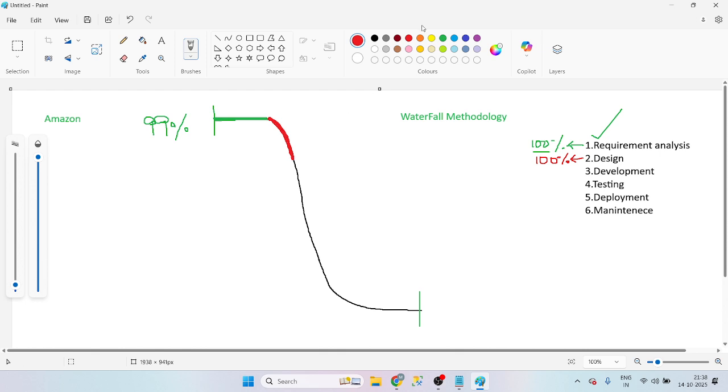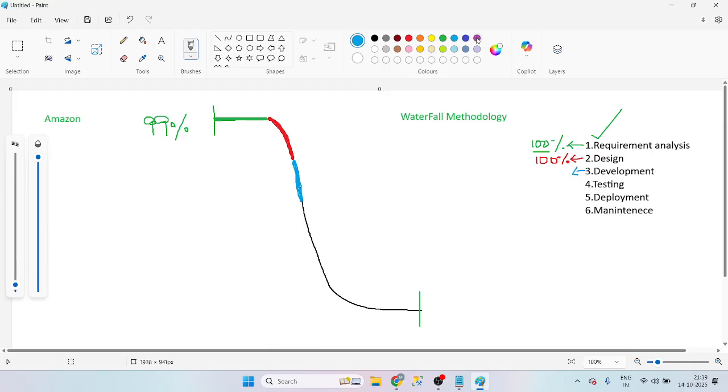Okay. Now, after completing that, what are we doing, Andy? We are going for the third phase. The third phase is development. Here the developers will work for some period, 100 percent.